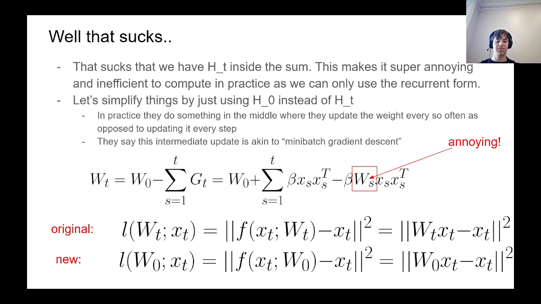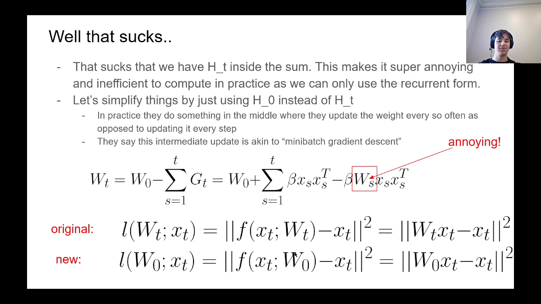In practice, they actually do something in the middle. They do batch gradient descent, which is what we all know and love. This would be stochastic gradient descent, where every step is based off a batch size of 1. If we define W0, this would be full batch gradient descent.